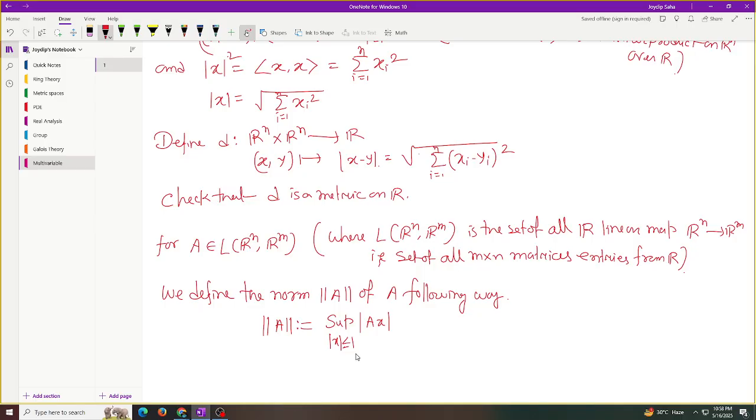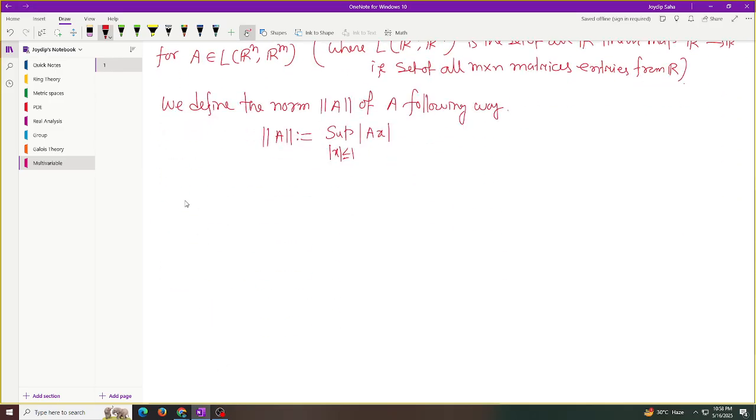So for any x belonging to R to the power n, if x equals 0, then what happened?